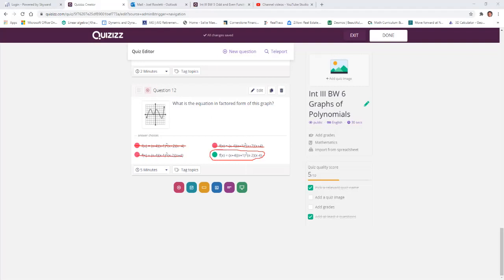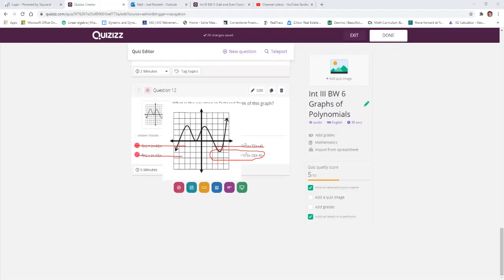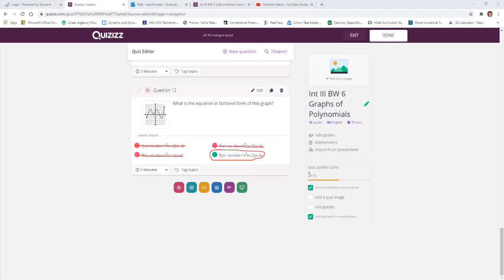And if I go back to the graph, notice the multiplicity at x is -1, notice it bounces at -1, which means it has an even multiplicity, and that's why there's a power of 2 on the x plus 1 factor.